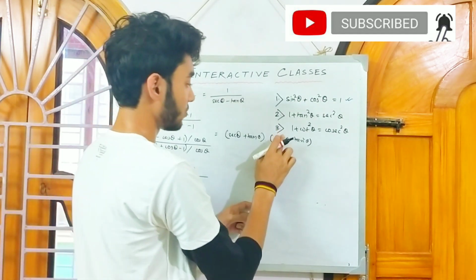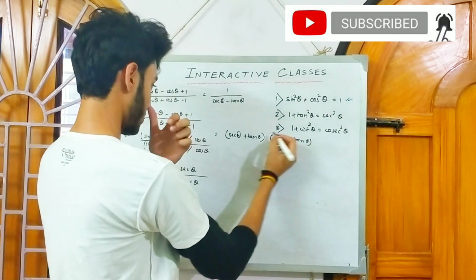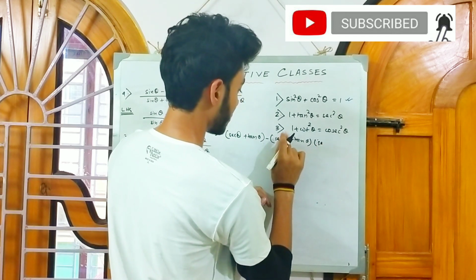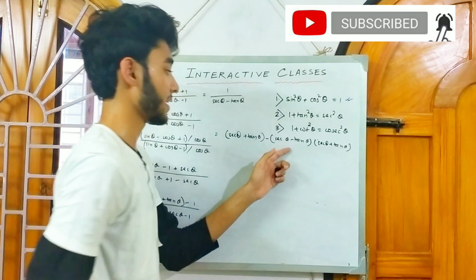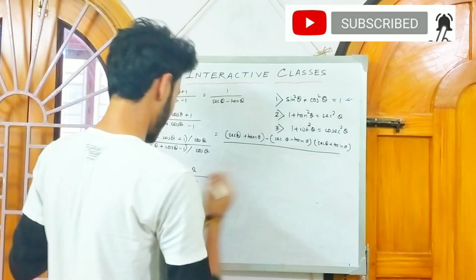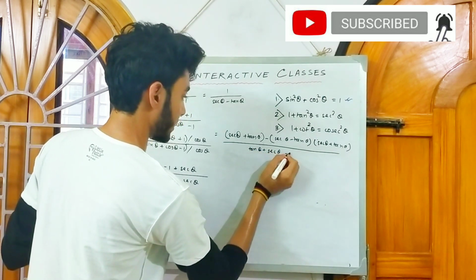So in the denominator we have tan theta plus sec theta minus 1.